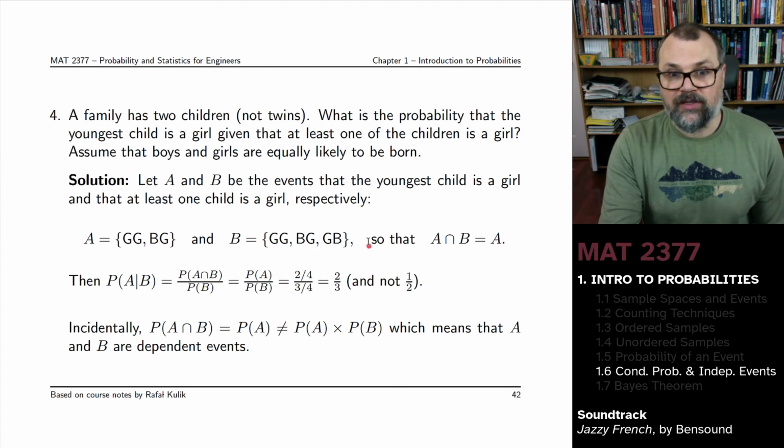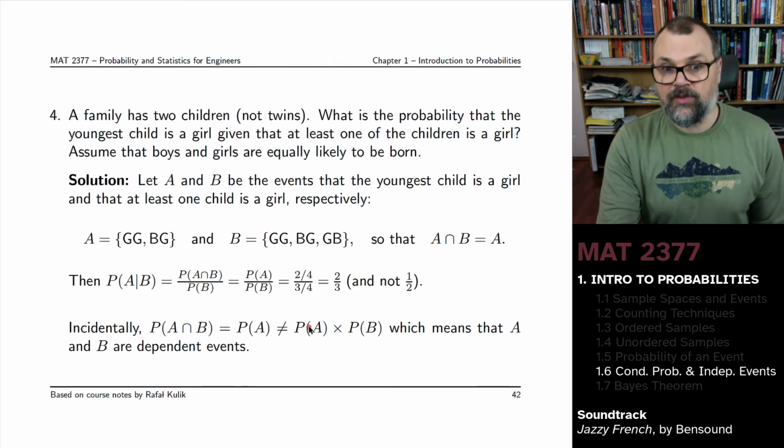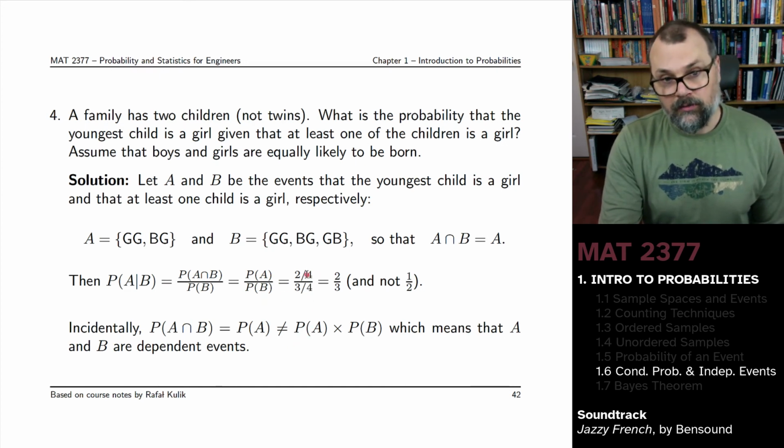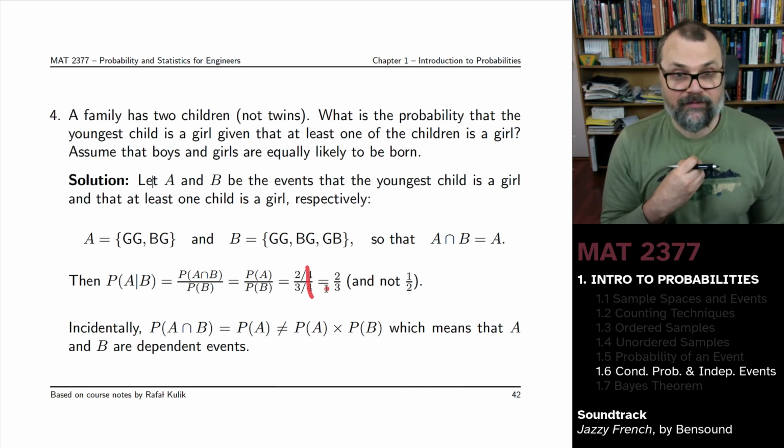The probability of B would be the number of outcomes in B divided by the total number of outcomes, 3 over 4. 4's cancel out, left with 2/3. That's not 1/2.